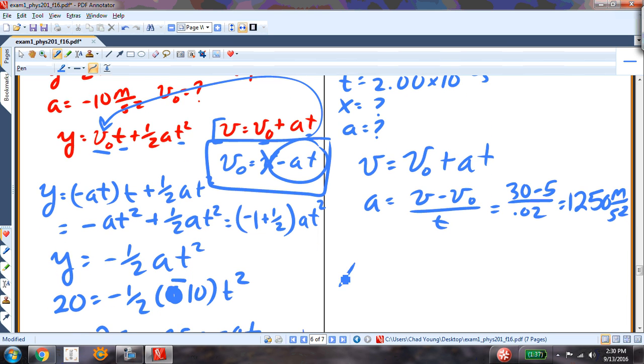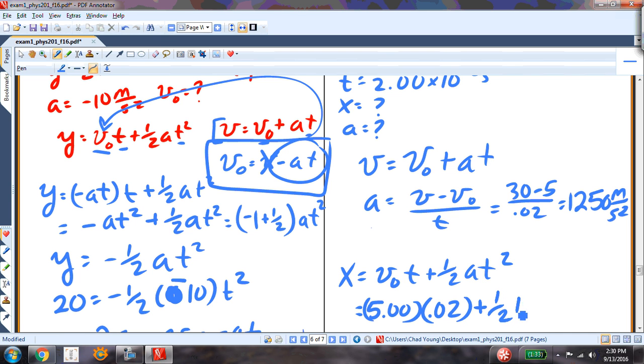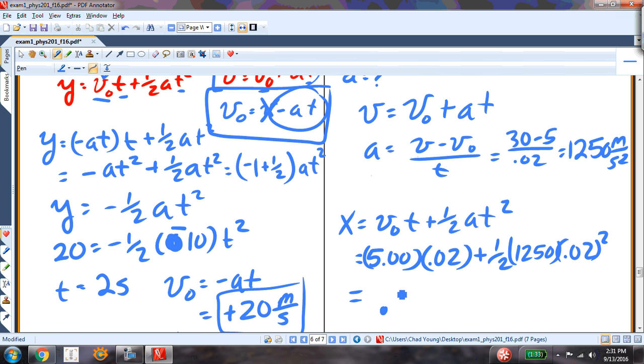Then I find x: v naught t plus 1 half at squared. v naught is 5, t is 0.02 or 2 times 10 to the minus 2, plus a half, a 1250. It is positive, it's accelerating in the positive direction, times 0.02 squared. And that gives me my value for x, which is 0.35 meters or 35 centimeters. And that's the right answer.